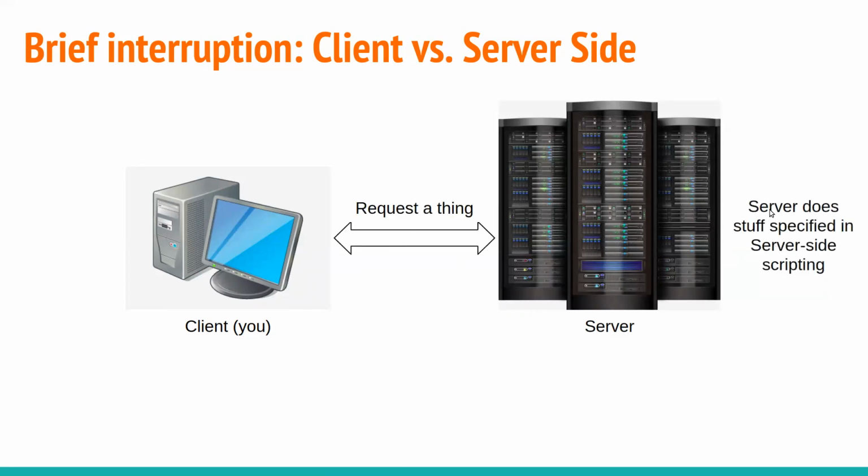The server can do some stuff specified in server-side scripting. We haven't yet learned about this yet, but we will. The server, after it's done that stuff, delivers the result back to you, and you can then do stuff as well. Okay.